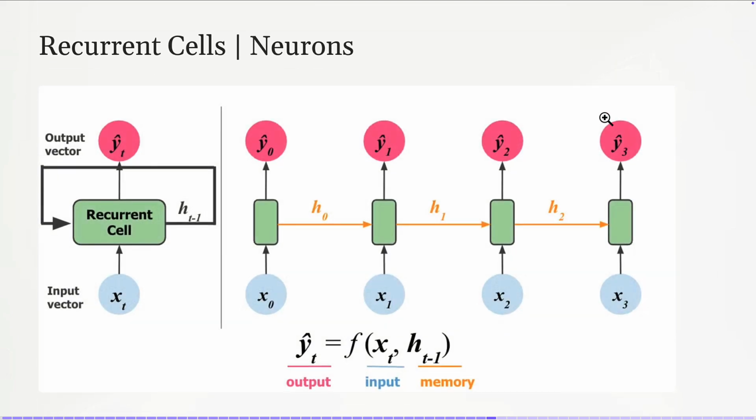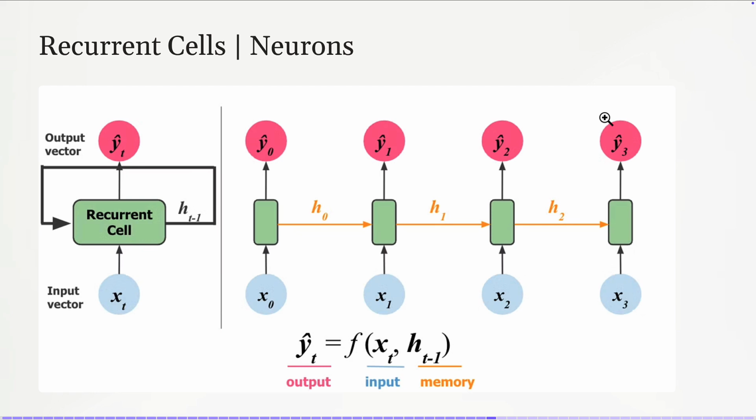So this representation is equivalent to this representation, and this represents a recurrent neural network, xt. So this neural network will provide an output based on xt and the previous hidden state. Does it make sense? Okay.